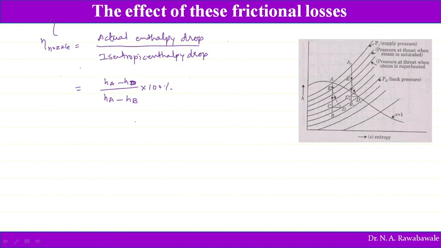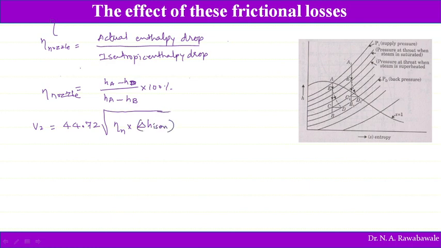The exit velocity considering friction is given as follows. The exit velocity of steam V2 is equal to 44.72 square root of nozzle efficiency into isentropic enthalpy drop.